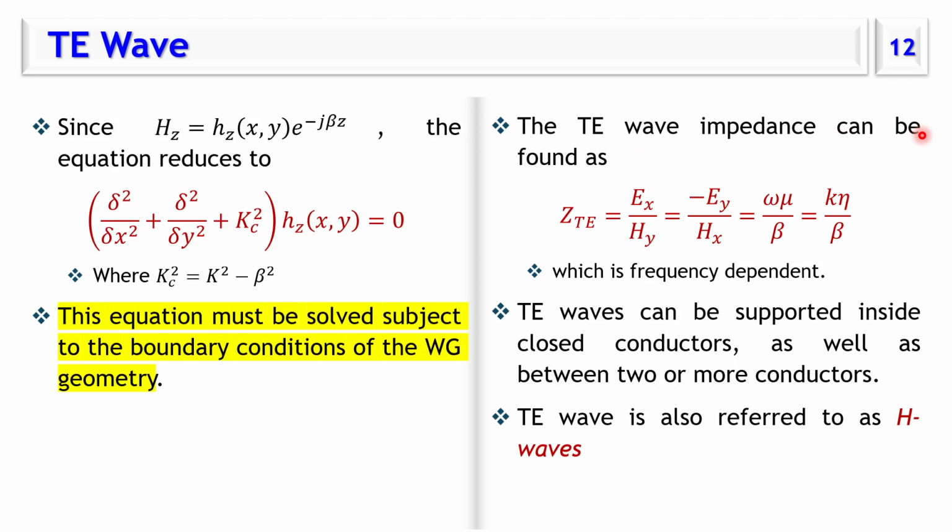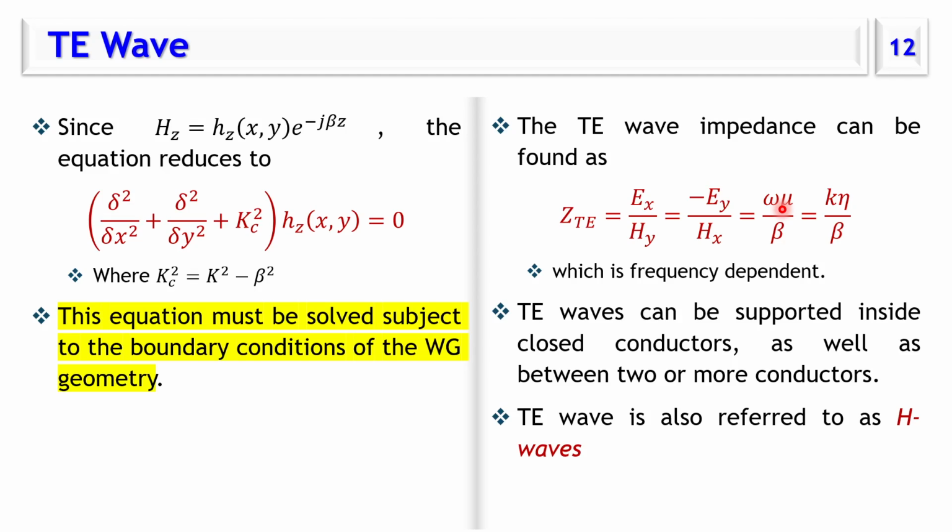The wave impedance has the same definition, transverse electric field divided by transverse magnetic field, and in this case we'll find the expression is frequency dependent, not similar to the TM wave, which was equal to the intrinsic impedance of the dielectric material filling the waveguide.